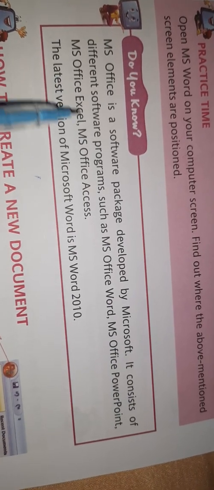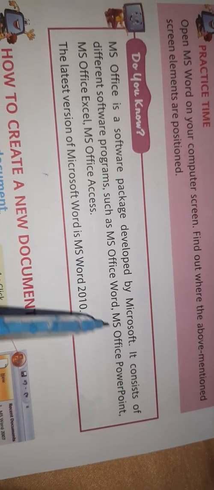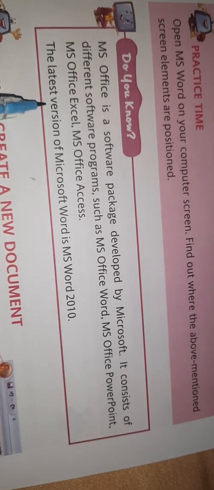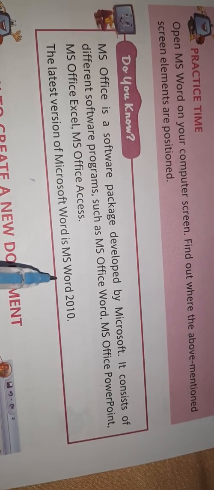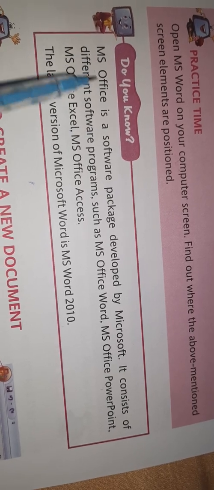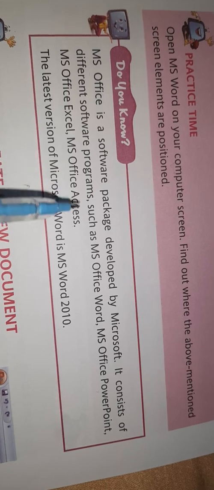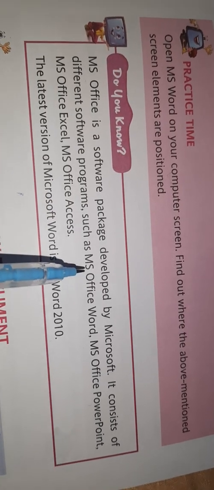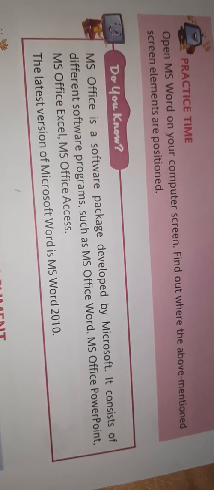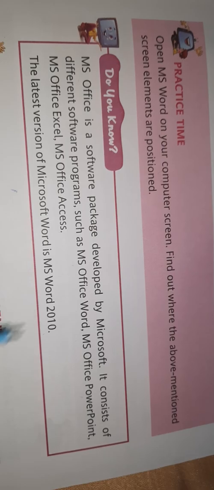It consists of different software programs such as MS Office Word, PowerPoint, Excel, Access. The latest version of Microsoft Word is MS Word 2010. It contains different programs related to office work which are required in the general working of offices.